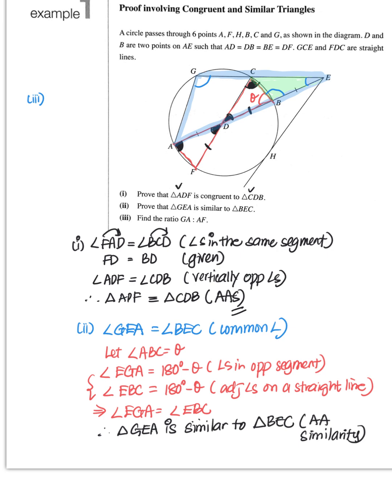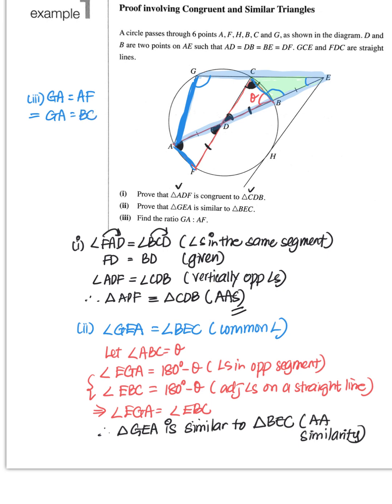So you notice that GA is this length, right? Okay, and AF. And you notice that AF is the same as BC. So this is equal to GA is to BC.